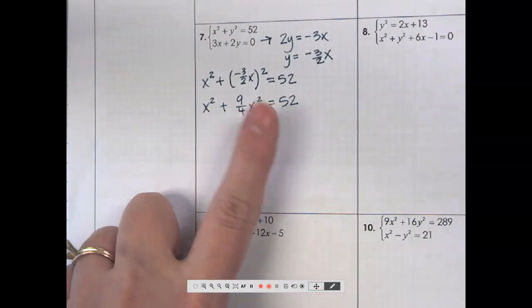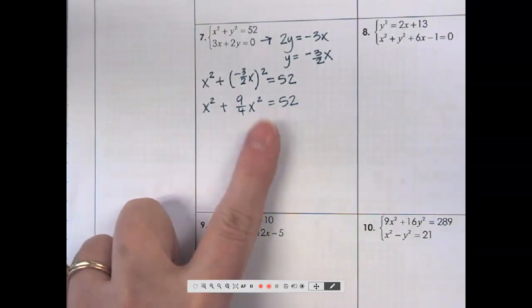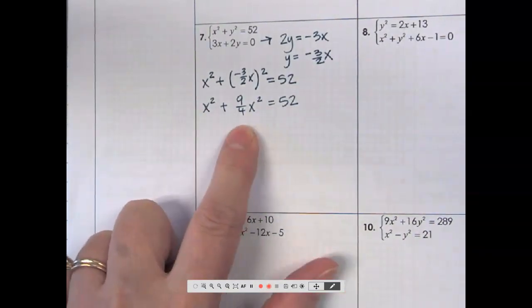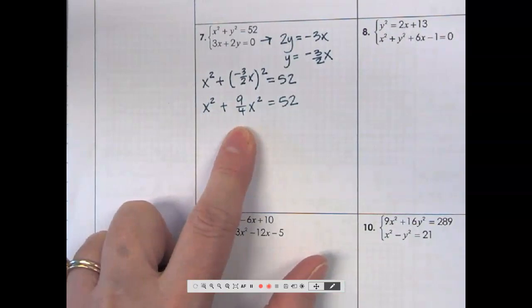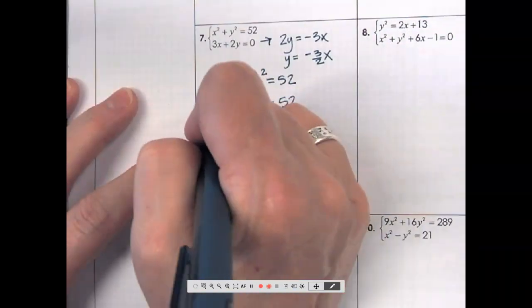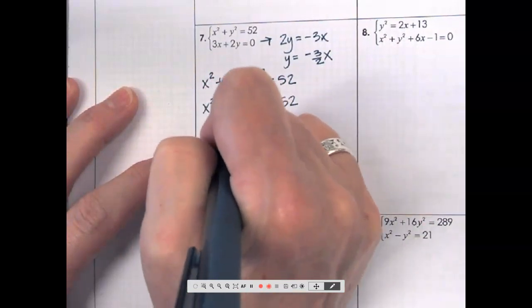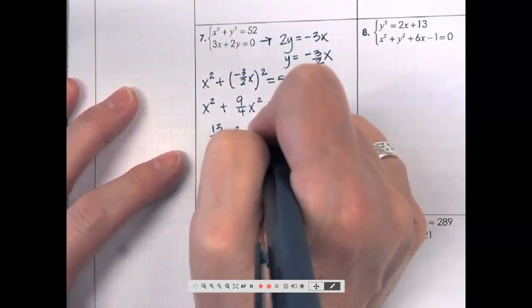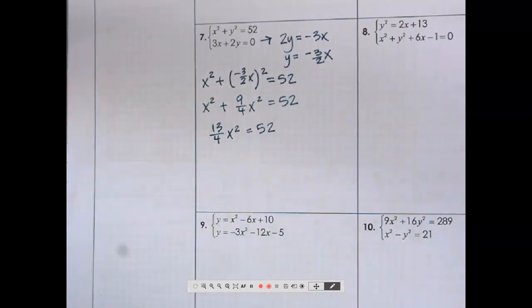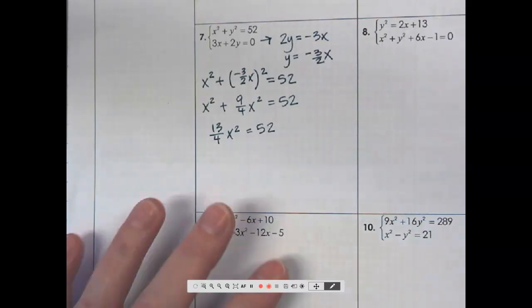These are like terms, so I'm going to add them together. Can we do that in our head? 1 plus 9 fourths is 13 fourths. Nice job. And to solve for x squared, I'm going to do what? Divide first. So let's divide by 13 fourths, or multiply by 4 thirteenths.